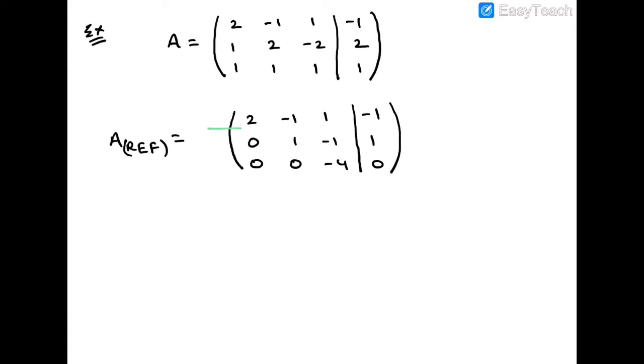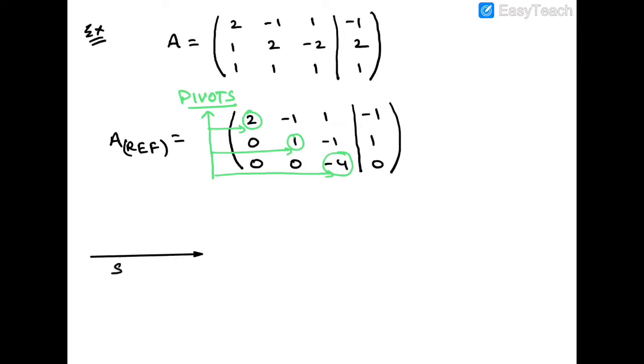Now the leading entry of row 1 is 2, leading entry of row 2 is 1 and leading entry of row 3 is minus 4. Therefore these are the pivots of this matrix.